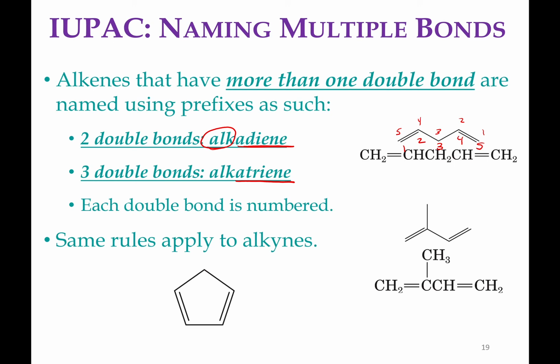No matter how I number it, it's going to be the same. It's going to be a pentadiene, and I'm going to have those at what numbers? 1 and 4. No matter which way I do it, it's 1 and 4. So 1,4-pentadiene.